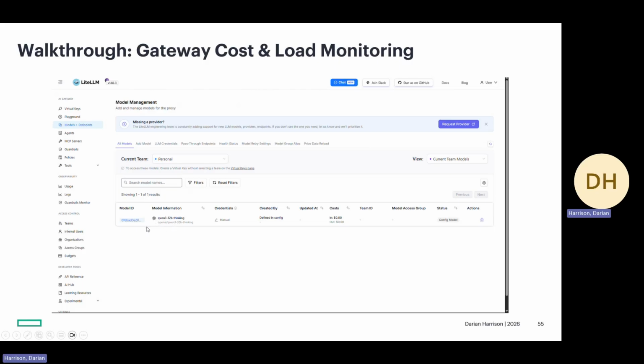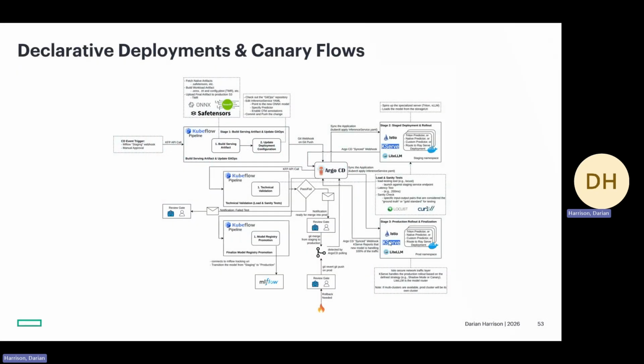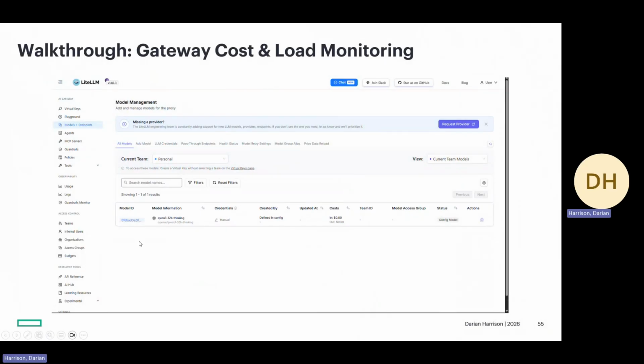We have this Qwen model deployed, following the steps that we just specified. We have LiteLLM capturing all the metrics. We're intercepting the costs associated with this specific model, and that's pretty much it for this one.